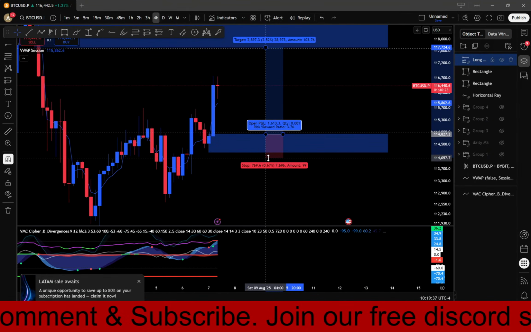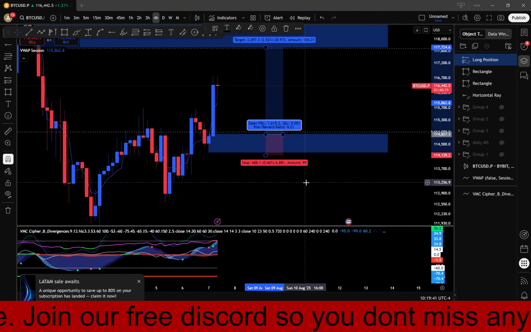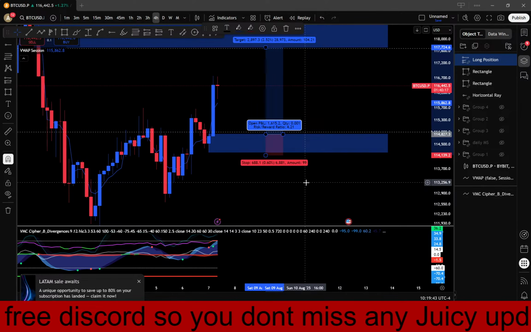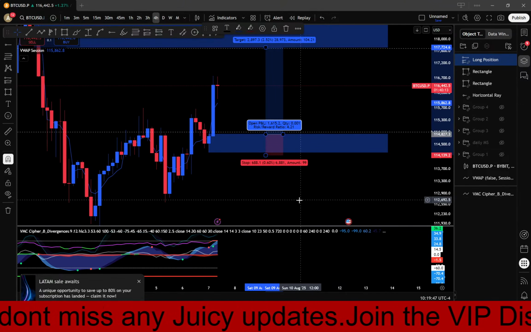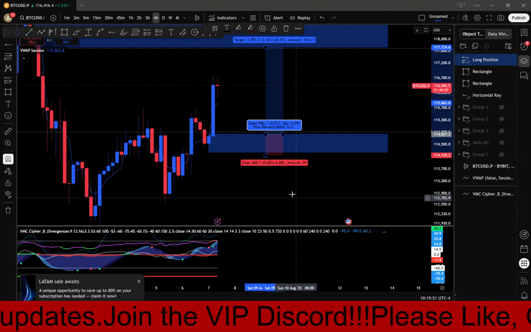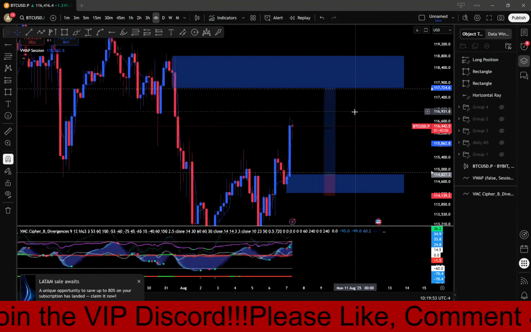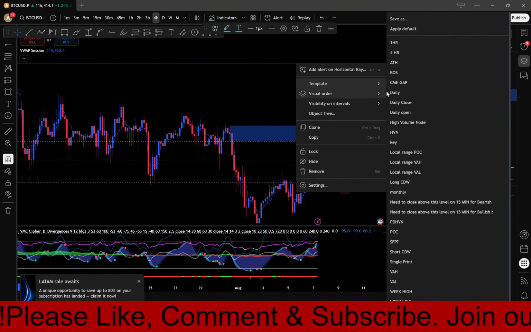You're risking 0.6% for 2.5%, so your risk to reward is a 4.21 risk to reward ratio, which is really good. You want a TP1 here, but ideally your target would be the highs at the top here.